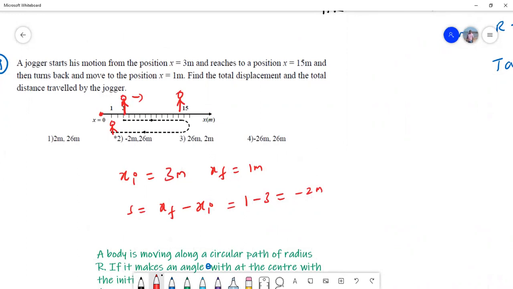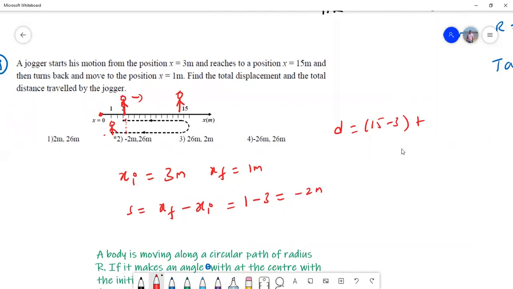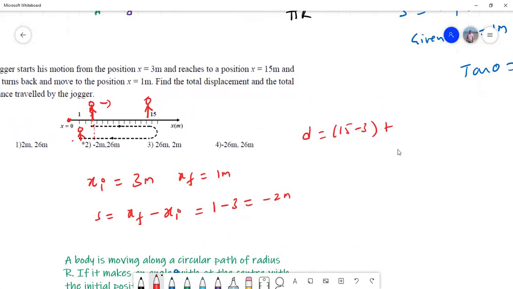If you look from here to here, it traveled in the opposite direction. That's why we got displacement as negative. Then what is distance? Distance is very simple. He traveled from 3 to 15, which means 15 minus 3, plus then again from 15 to 1, so you subtract 15 minus 1.